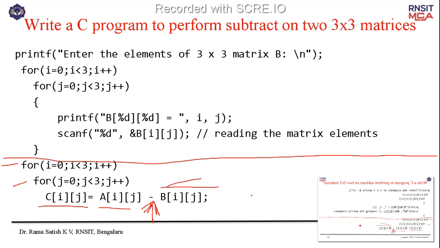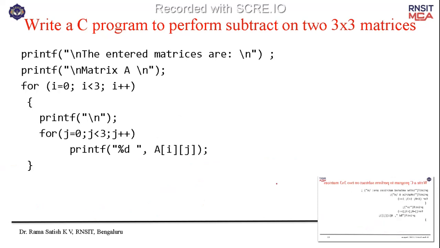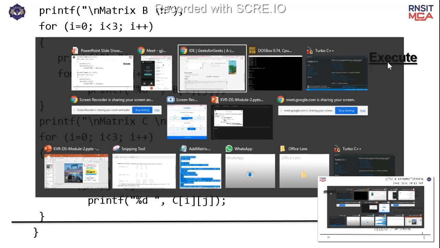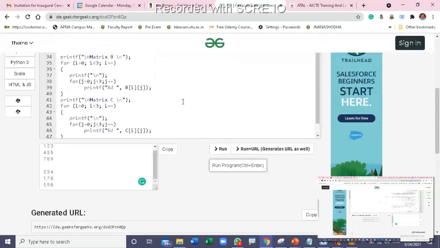C of ij. Once this is done, now you are displaying the matrix A, matrix B, as well as matrix C. So I can execute the same code. I can just click on execute. It will come to this execution. Here, what I have to do?